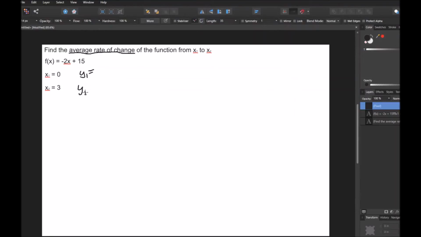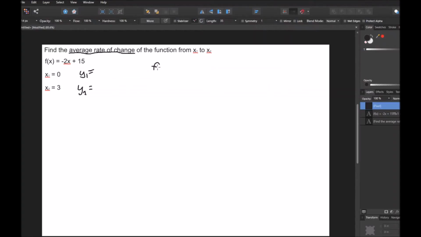And you may be wondering how we're going to do that. Well, we're given a function here, and we're given an x value. So we can plug this x value into this function, and that result will be our y value. So that's how we can find our y1 and our y2.